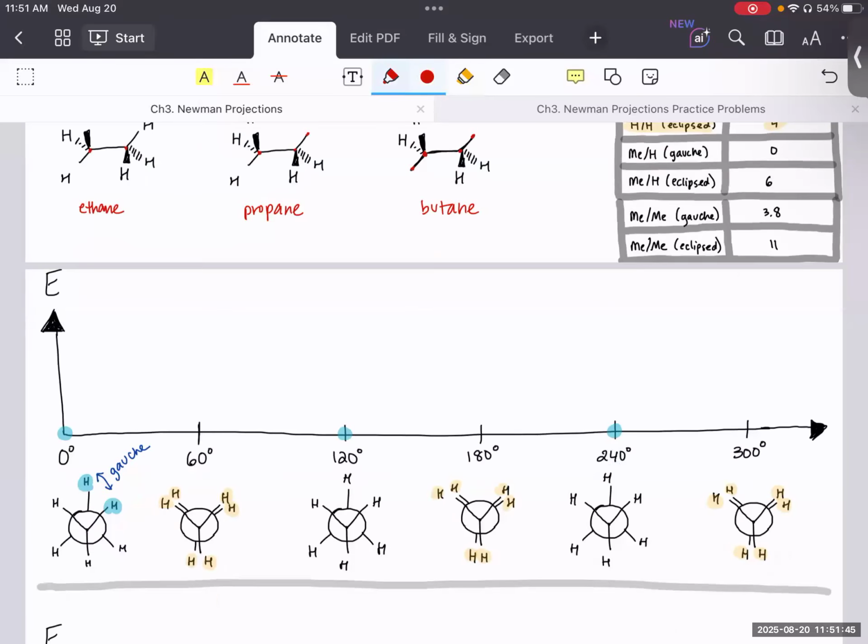So we have a contribution of +4, +4, +4, and so a total of +12. The same thing is true for these other 2 eclipsed states, where both of those end up with +12.